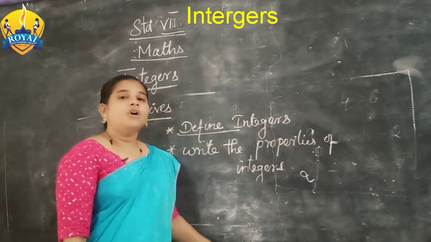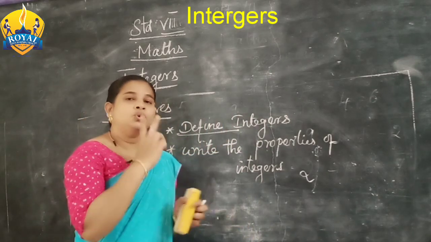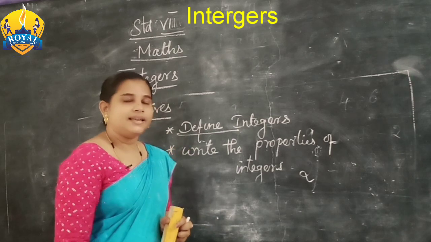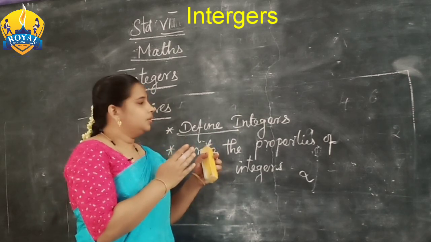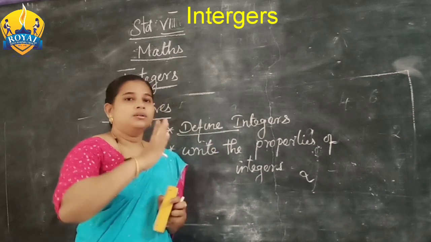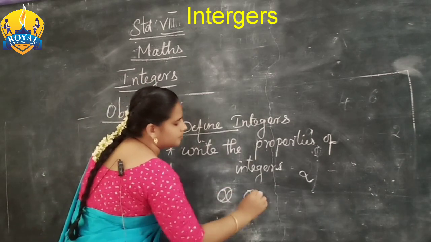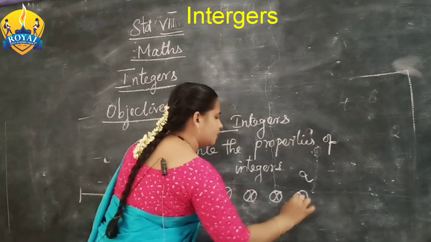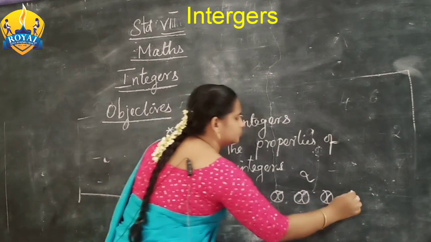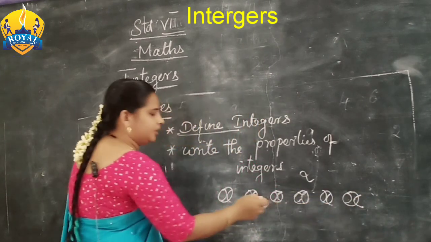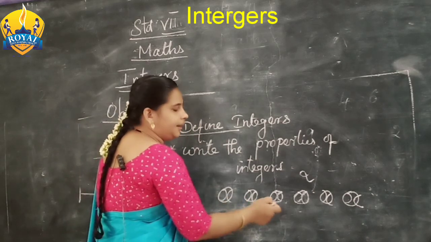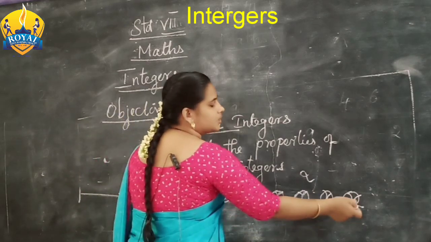Now students, if you add two integers, let us see. Rekha has 6 balls: 1, 2, 3, 4, 5, 6.